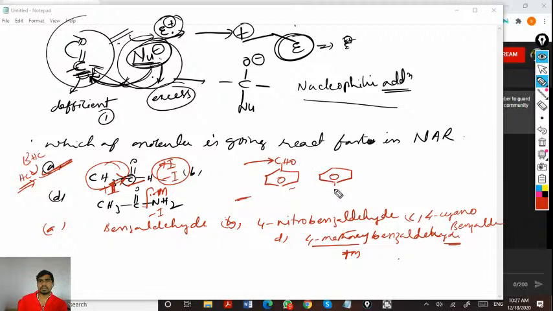Next, 4-nitrobenzoylate, next 4-cyanobenzoylate, next 4-methoxybenzoylate. Which is the most electron withdrawing group among all these? Nitro, cyano, methoxy. Which is the most electron withdrawing group?